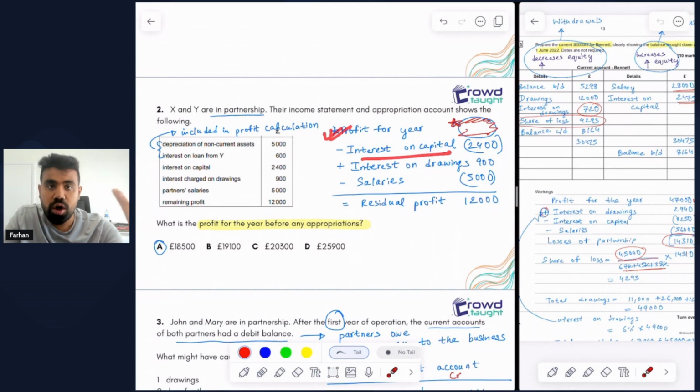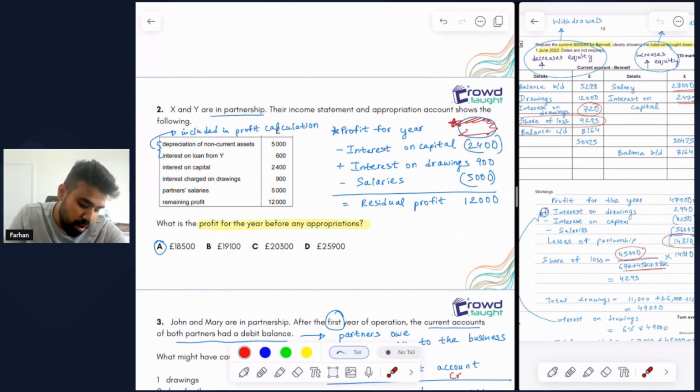Because this is what the business will provide to its partners based on the investment that the partners have made into the business. And this has to be taken out from the profits that the business will make. So therefore, we are subtracting interest and capital. Interest and capital is £2,400. As you can see, I'm subtracting by putting it in brackets. And I've got this number from here, interest and capital of £2,400.